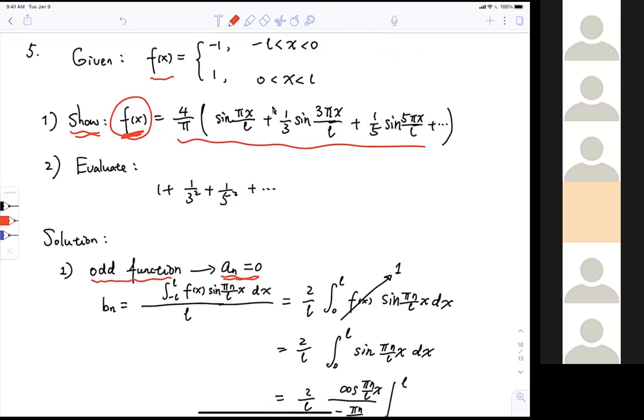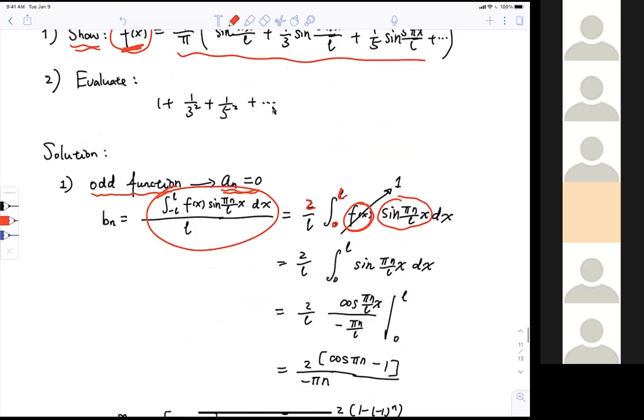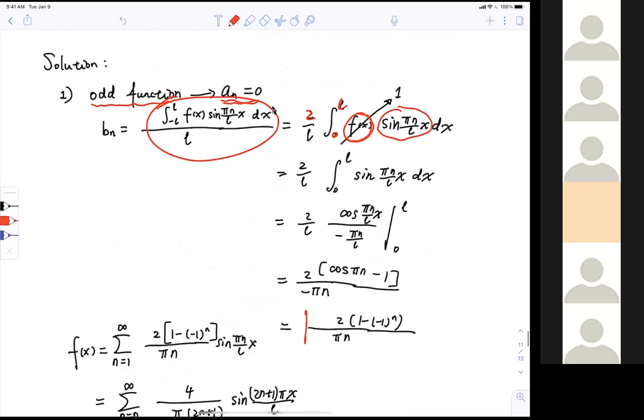Bn is equal, according to the formula, to this form. Because this function is odd and sine is also an odd function, we can write this as 2 times the integral from 0 to L. And then f(x) becomes 1, and you do the algebra quite easily and you get something like this.